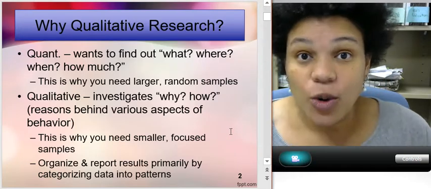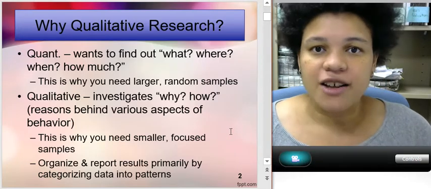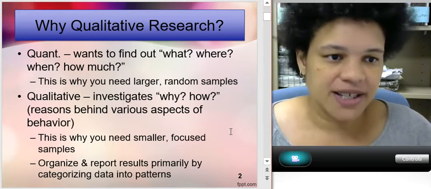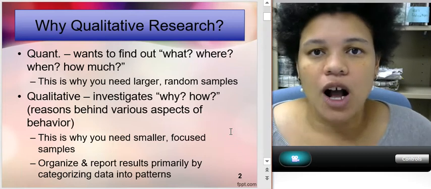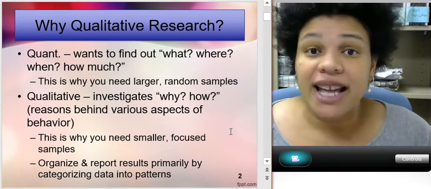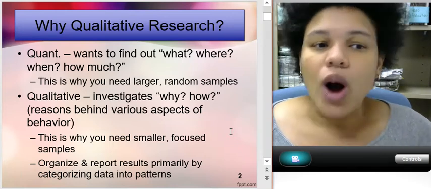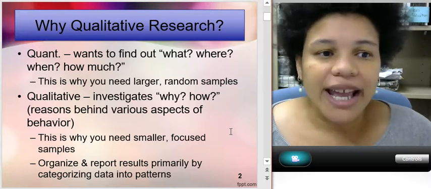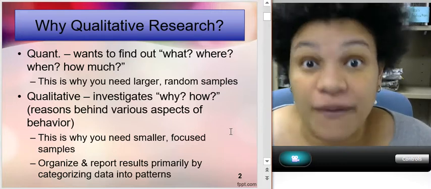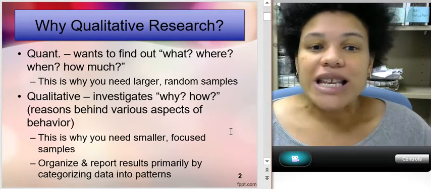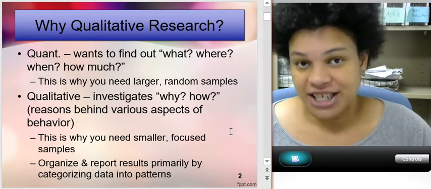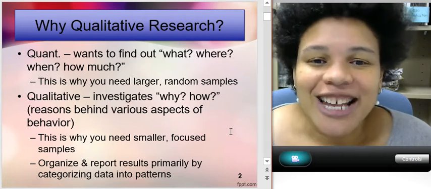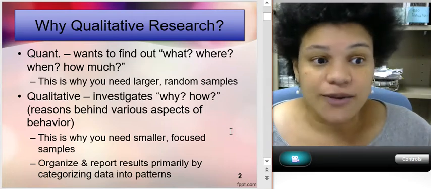So why qualitative research? Why would we use qualitative methods? Now, for quantitative, we wanted to be able to answer questions like what or where or when or how much or how often. Okay, and we needed large random samples, random ideally, but not always possible, in order to answer those kinds of questions.